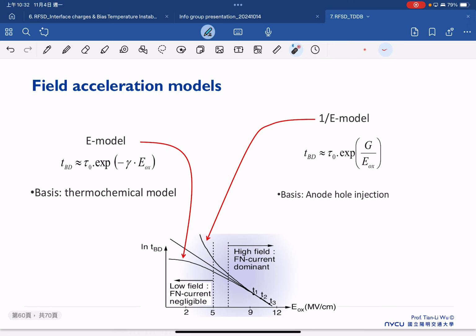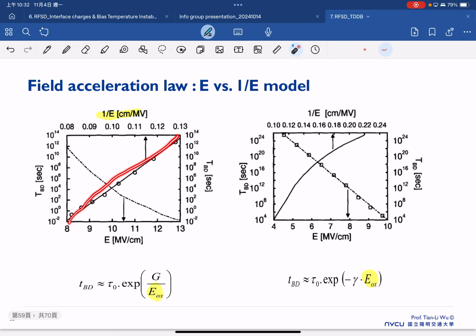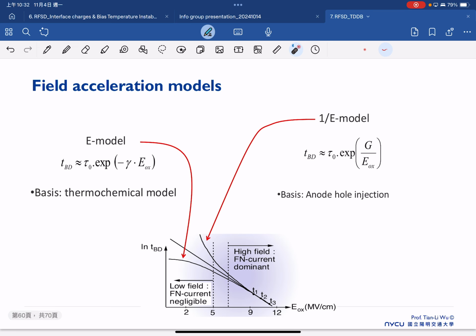And once we have this, this one and this one are fit with the data in this region. Because we want our degradation to happen faster, we test at high voltage to accelerate the degradation. That's why we call it accelerated testing.